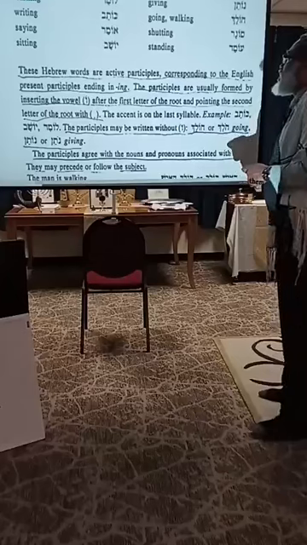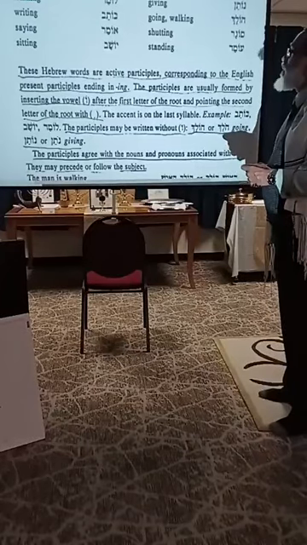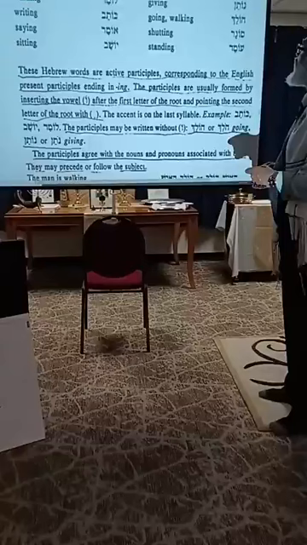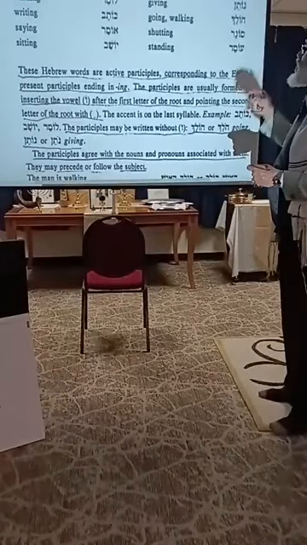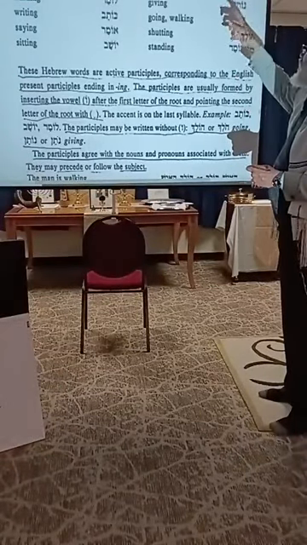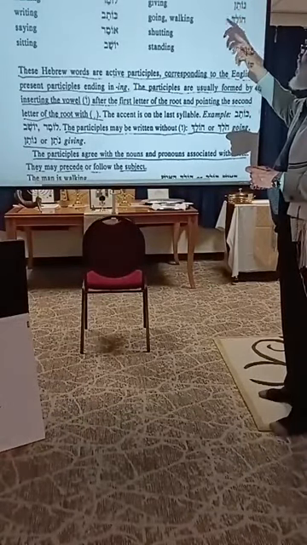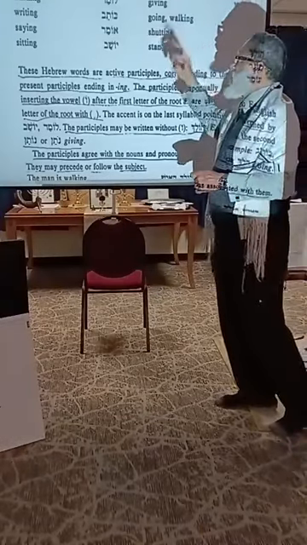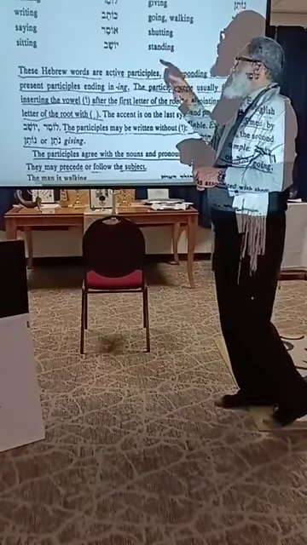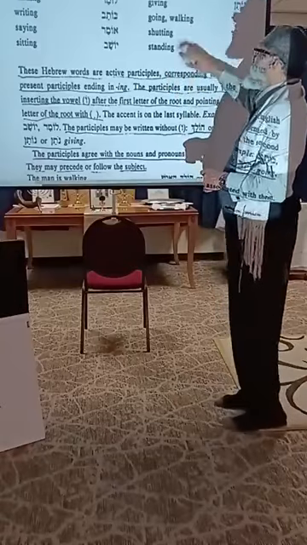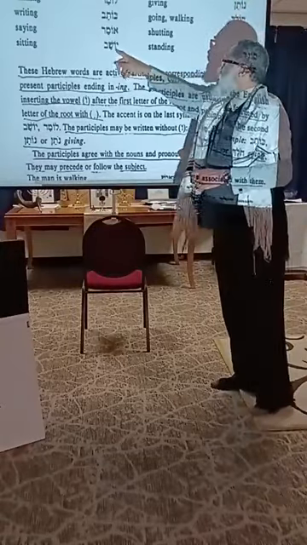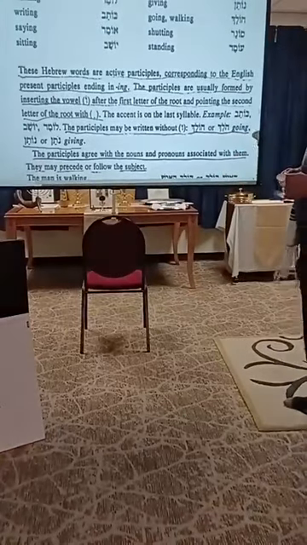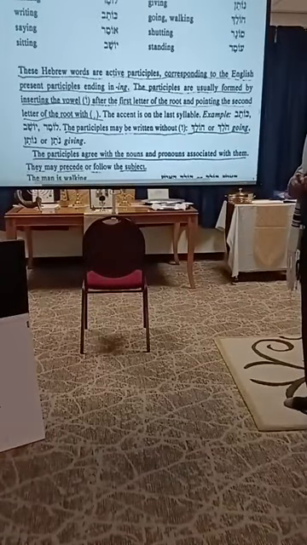But as far as proper verbs, in the sense of what we're looking at here, you'll see the three-letter roots: to finish, to give, to walk or to go, to shut, to stand, to eat, to learn, to write, to say, or to sit. And in this case, because they all have the wav after the first letter, it will be an active participle where you put the -ing on the end.